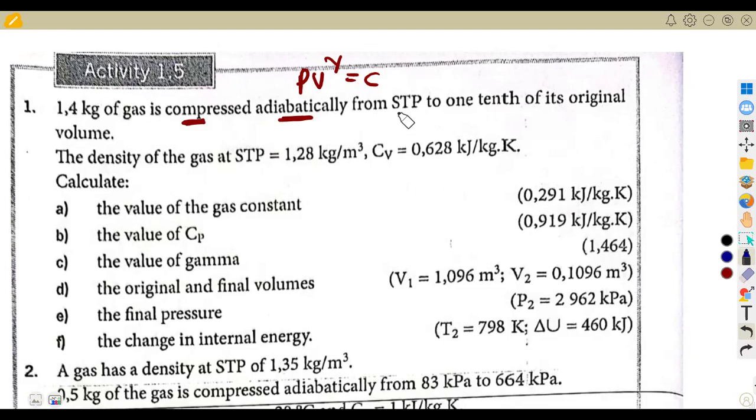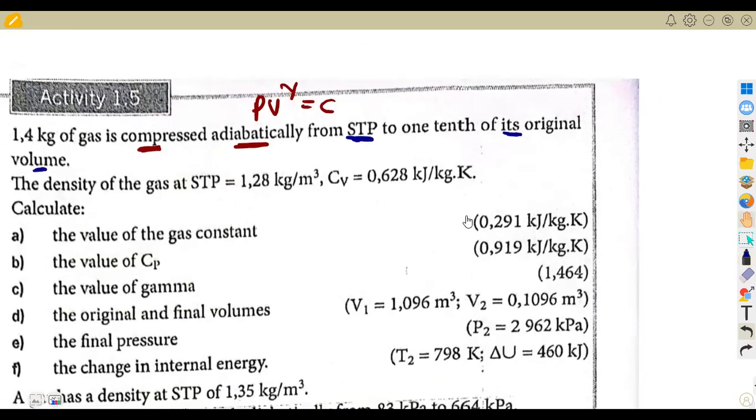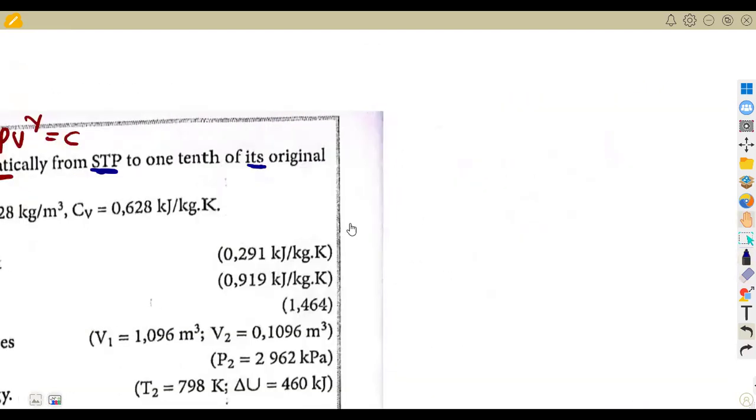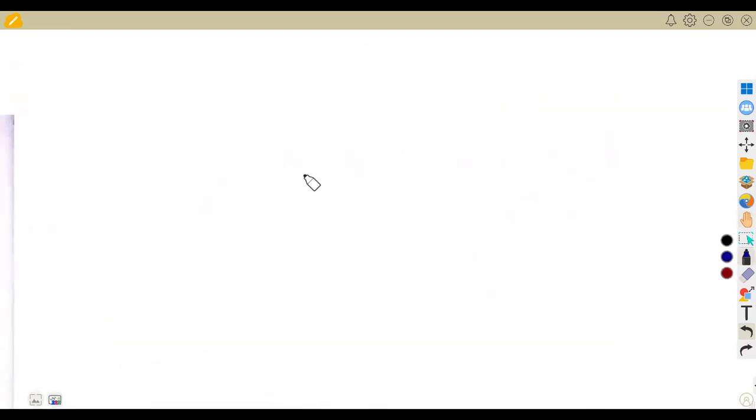So this is from STP conditions, standard temperature and pressure, to 1/10 of its original volume. The volume changed to 1/10 of its original volume, relating the volumes V1 and V2. So we've got a mass, in that case 1.4 kilograms.